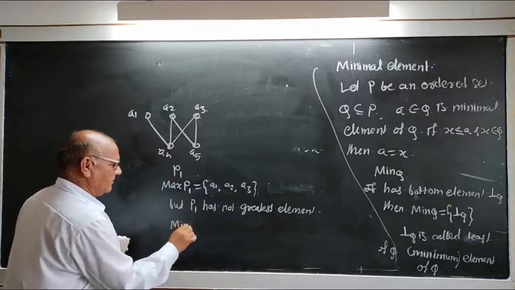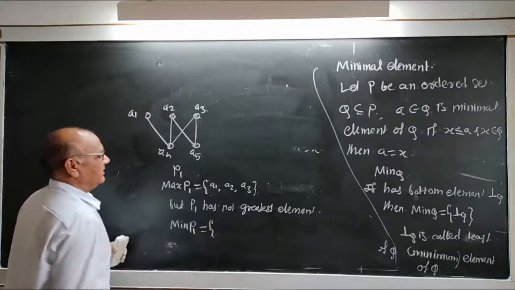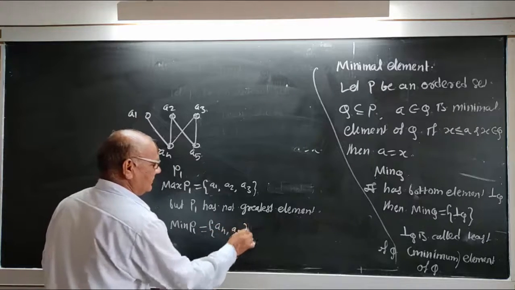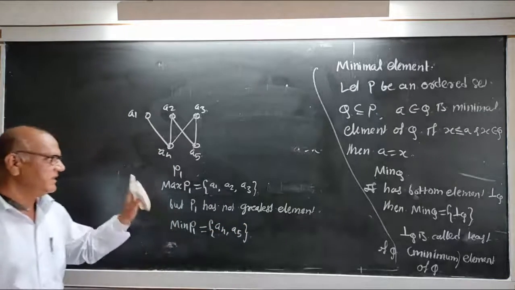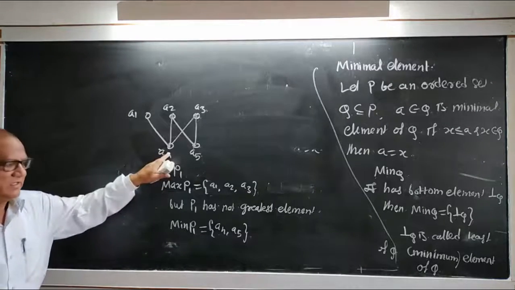Here min P1 is these two, A4 and A5, but it has no least element.